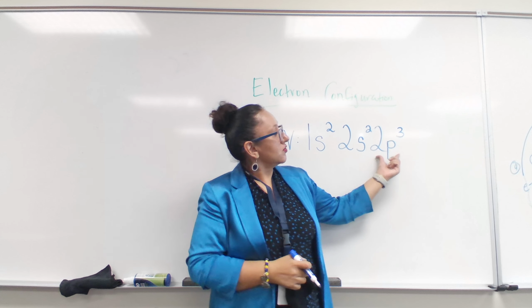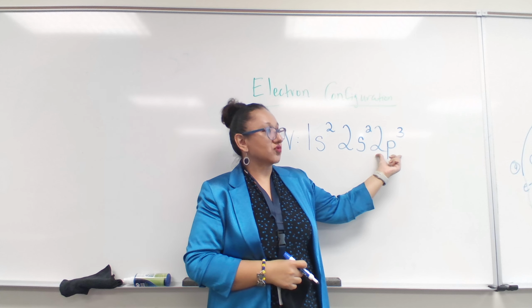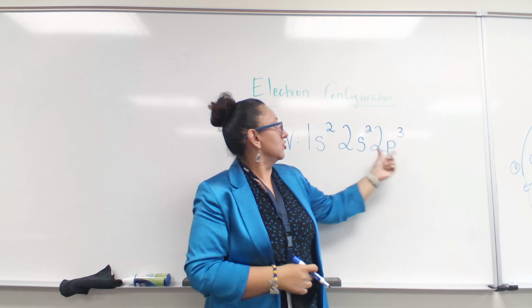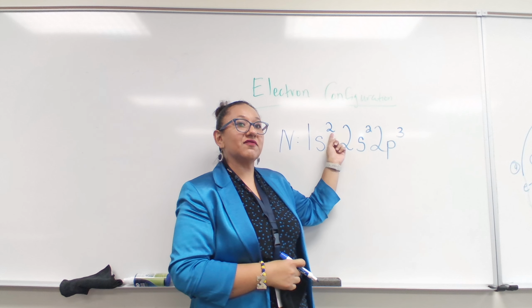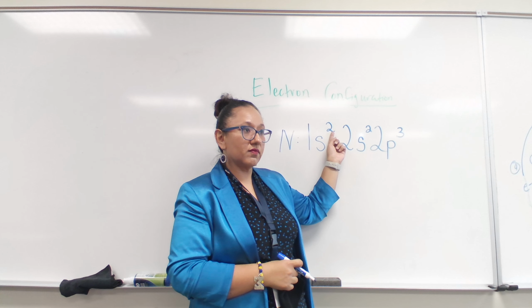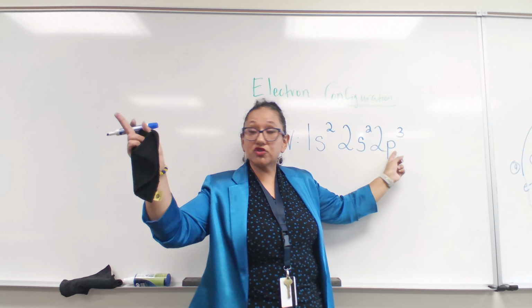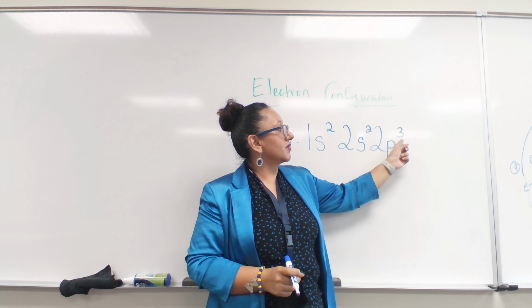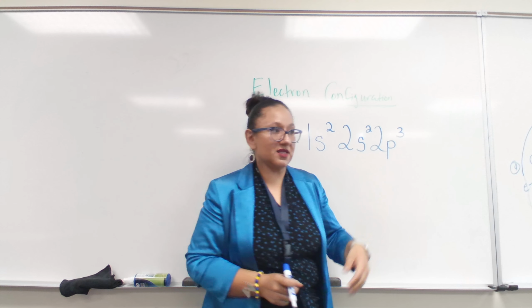So until you get to the orbital that houses the electron you're looking for, these numbers are going to be the maximum electrons that can fit in that orbital. Once you get to the orbital we were looking for, 2p, then you put the number of electrons it takes to get to that element.